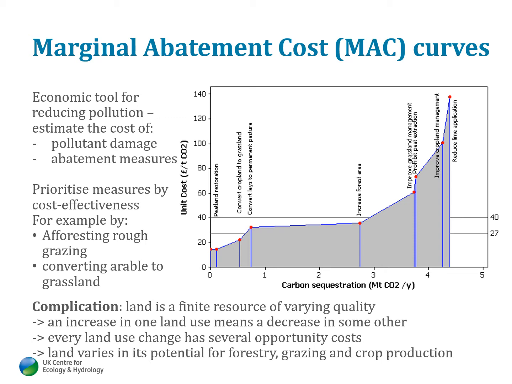And the other aspect is that land varies in quality. So you can imagine that every 1 kilometre square in the UK has a different potential for forestry, for grazing, and for crop production. So in effect, there's a unique MAC curve for every 1 kilometre square in the UK.